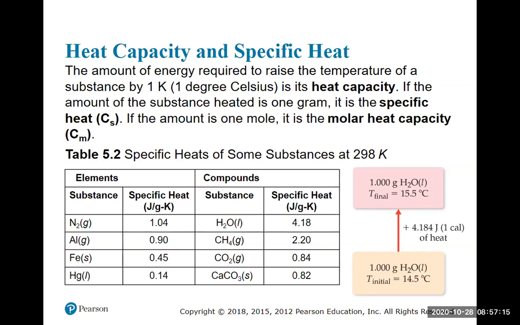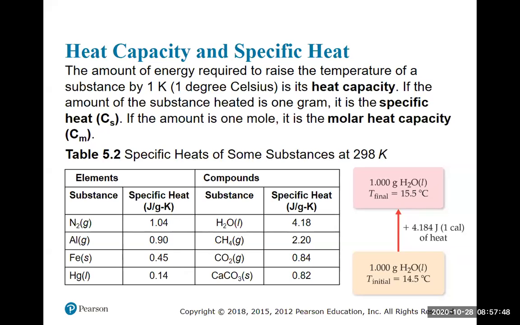If you're talking about that temperature change for 1 gram of material, then you're talking about the specific heat, which is C sub S. If you're talking about that 1 degree change per mole, then that's the molar heat capacity, C sub m.